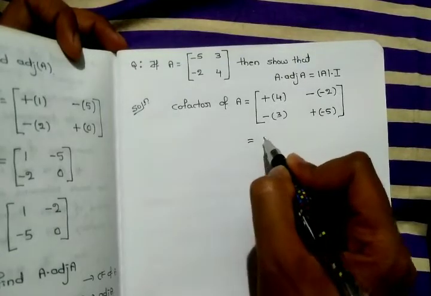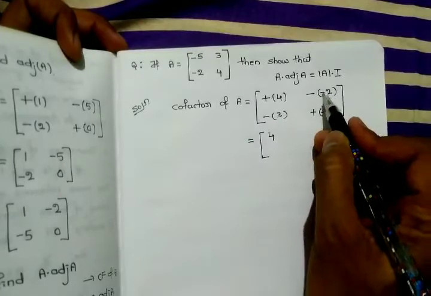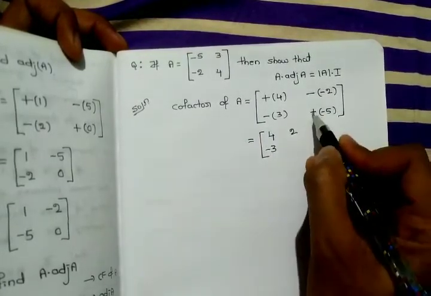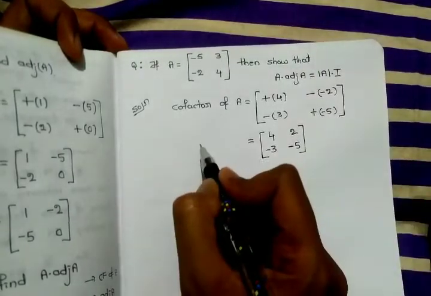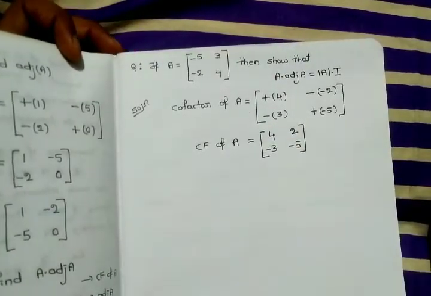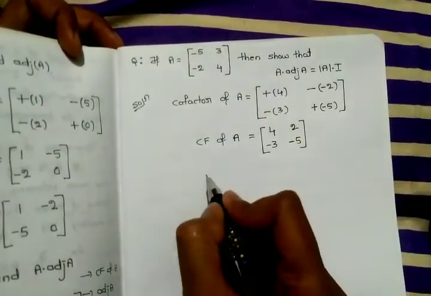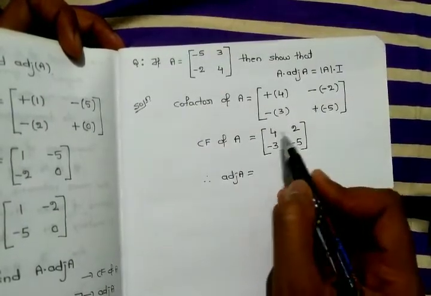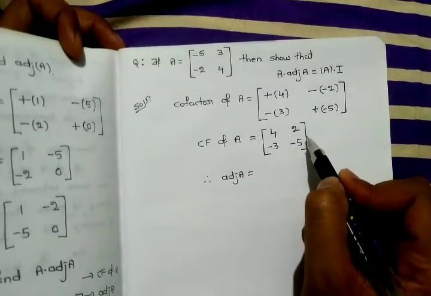So next, multiply the sign. So plus into plus is 4, minus into minus is +2, minus into plus is -3, plus into minus is what here? -5. So this is the cofactor of A. Next, find the adjoint of A. Therefore, adjoint of A is what? Whatever cofactor of matrix A you get, take the transpose of this.